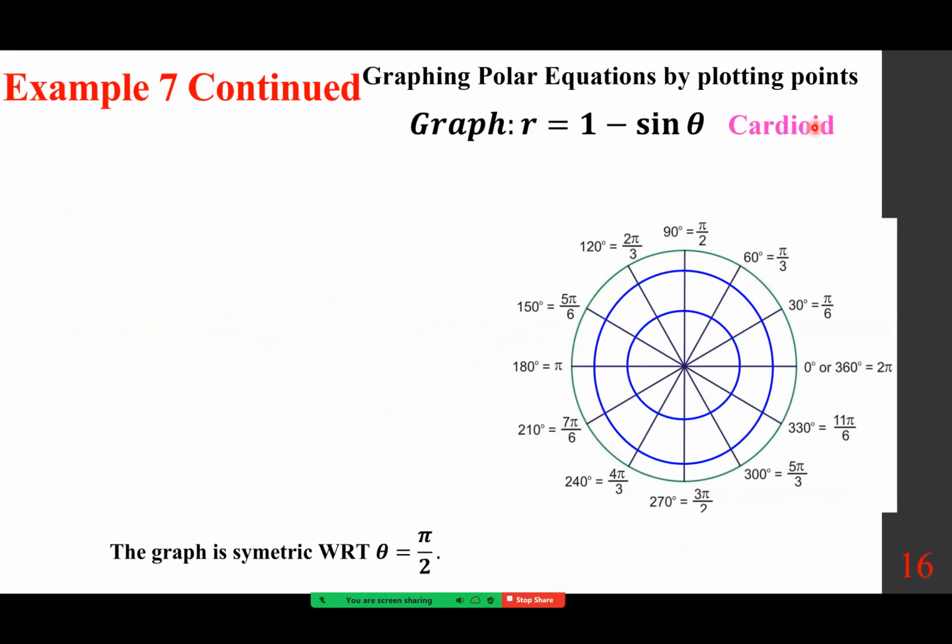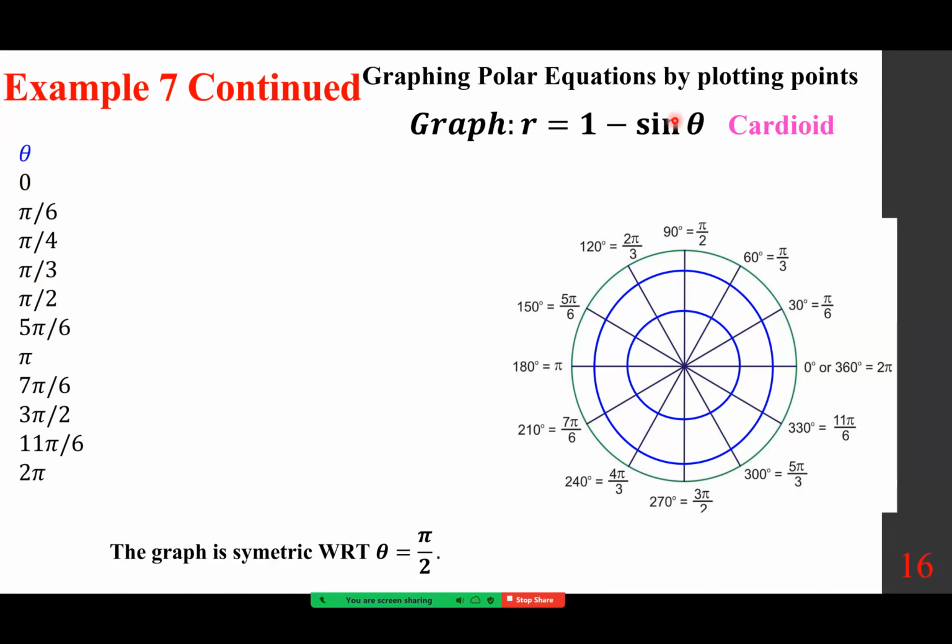So we are going to graph this, and it results in what we call a cardioid, and we need to plot pairs. Now, from 0 to 2 pi, you can take as many points as you want, but it's a good practice to take easy ones. For example, 0.